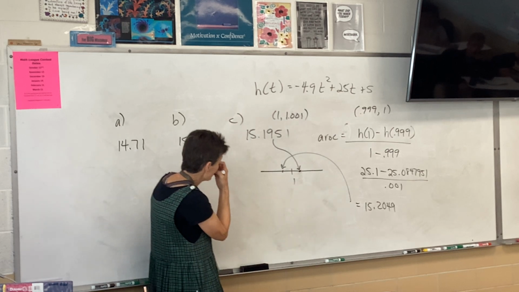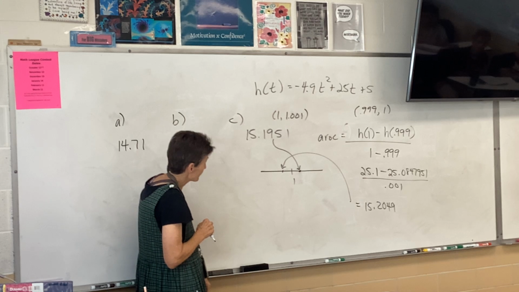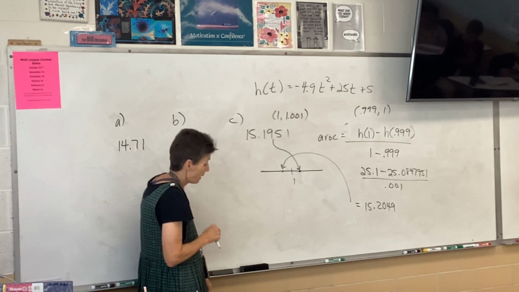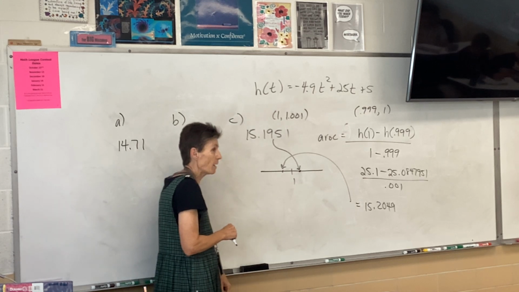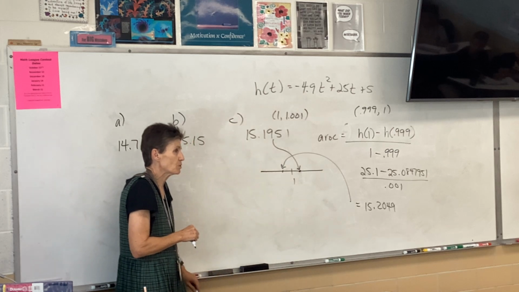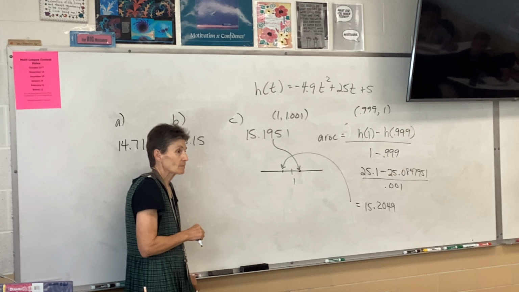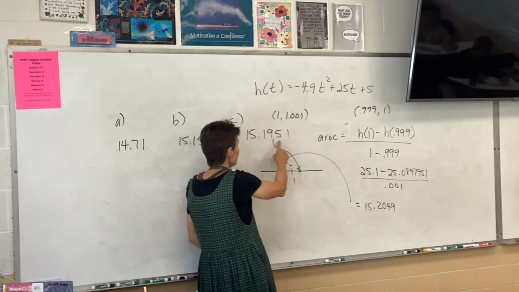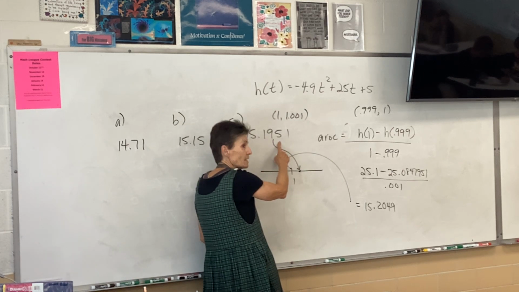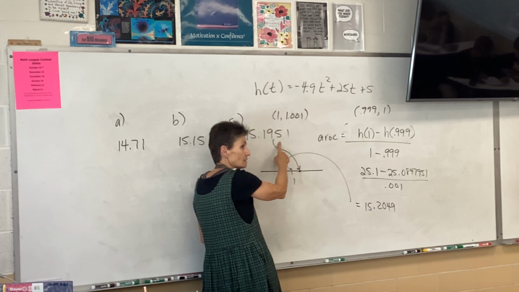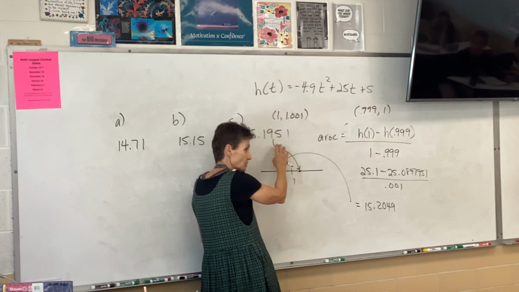And looking at the numbers, what is the average of those two? I'm thinking 15.2. Because this one is what, 49 10,000ths below 15.2?